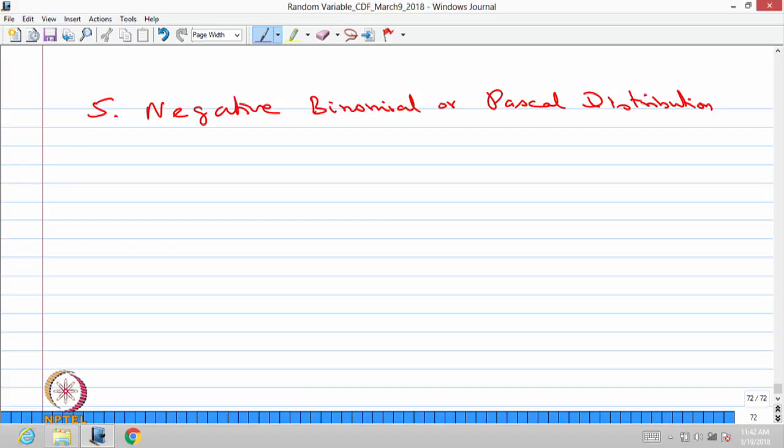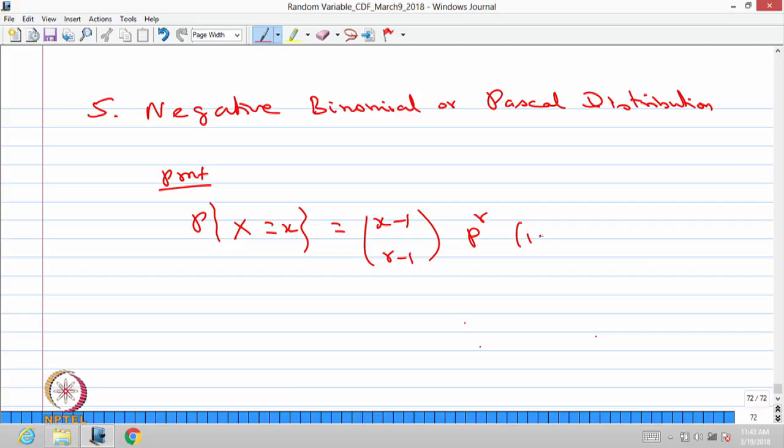A discrete type random variable is said to be a negative binomial or a Pascal distribution whenever the probability mass function is of the form: probability of X takes the value small x is x minus 1 C r minus 1, multiplied by p power r and 1 minus p power x minus r, where x takes the value r, r plus 1 and so on. Otherwise, it is 0.